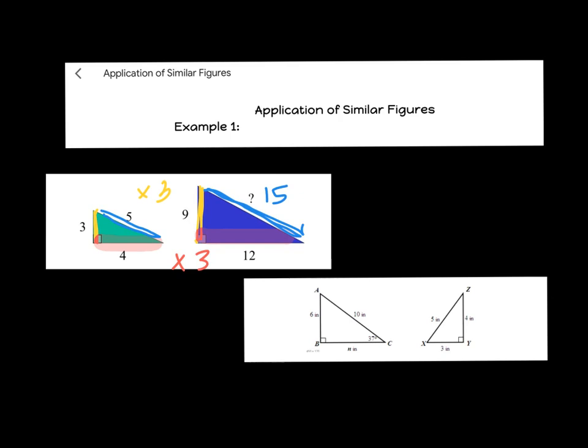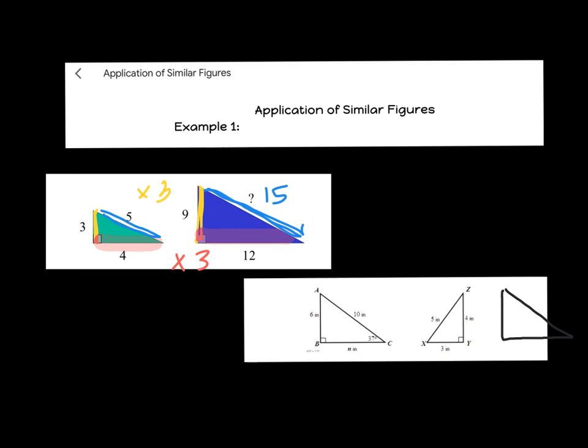All right, on the next problem, I have triangle ABC, and I'm comparing that to triangle XYZ. Now this one's a little bit tricky because these two triangles are not facing the same direction. Triangle XYZ has been rotated, so it's facing the opposite way. So I'm going to redraw that triangle so that we can see corresponding sides, and both triangles will then be facing the same way, right?